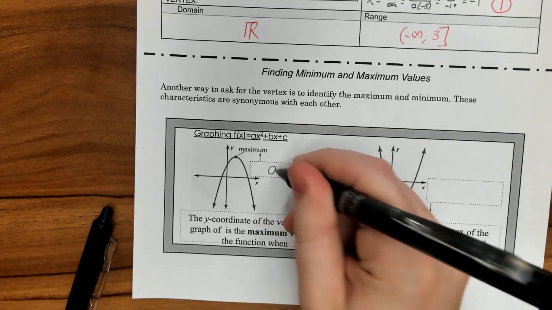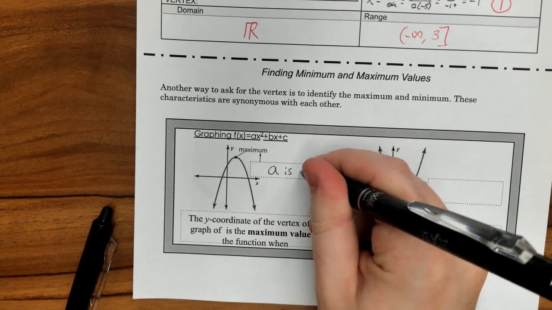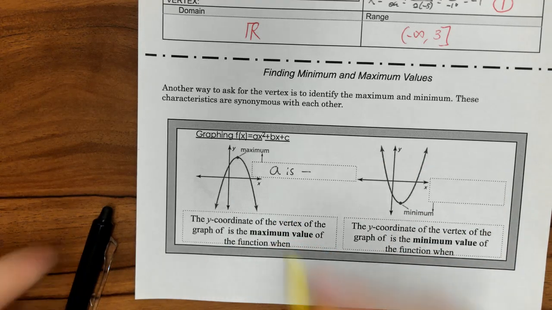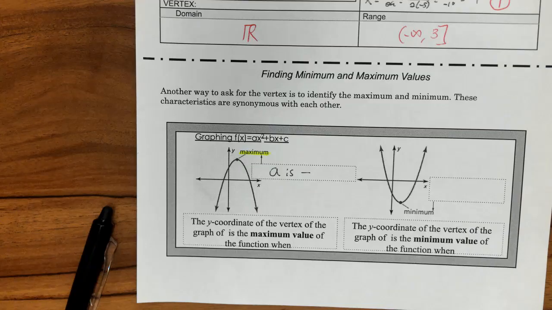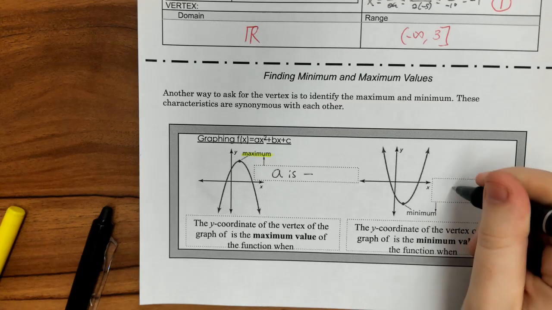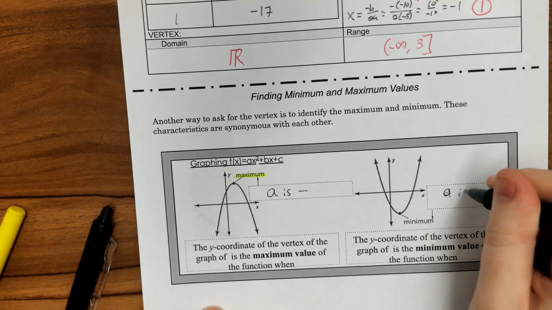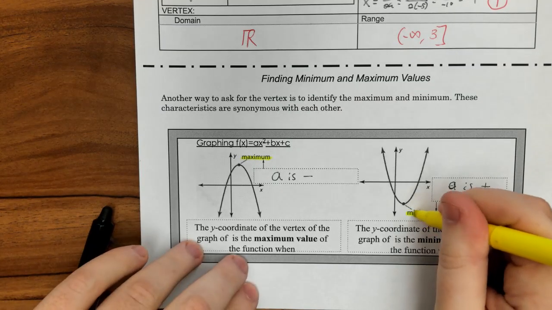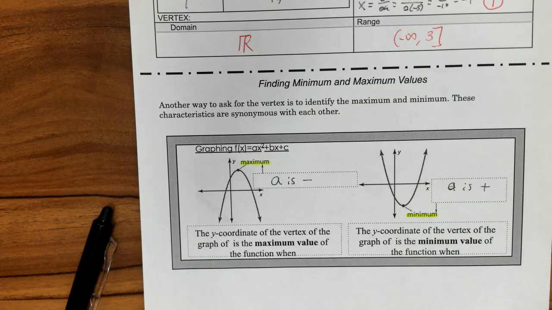When our a value is negative, our graph is down like a frown. So we have a maximum value at the very top. When our a value is positive, it's up like a cup. So we actually have a minimum value. We have a bottom of the cup.